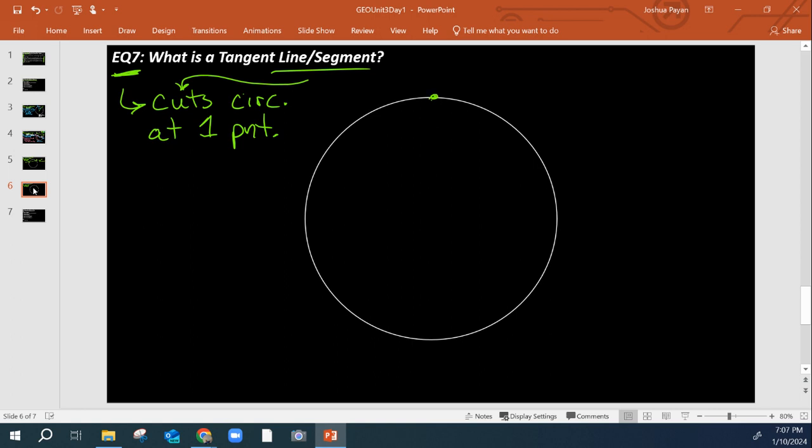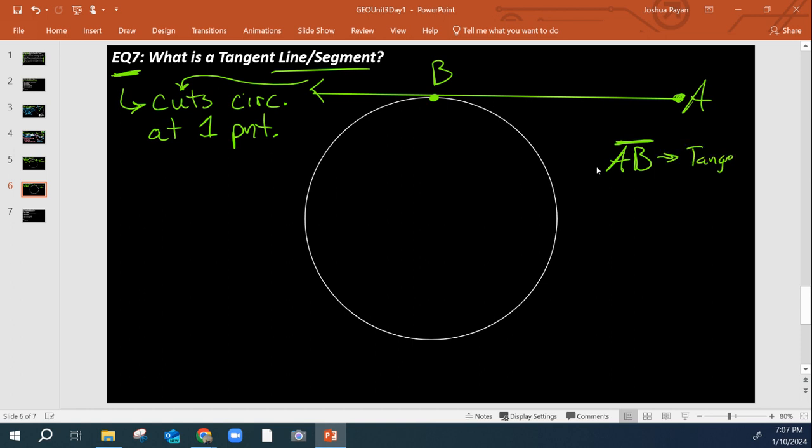Okay, so right here, if I have some point on the circle, and let's say this line cuts it precisely right there. We'll say it goes from point A to point B, passes through this one single point, right? We would say that segment AB is tangent to this circle, okay? Because it cuts the circle at one single point.